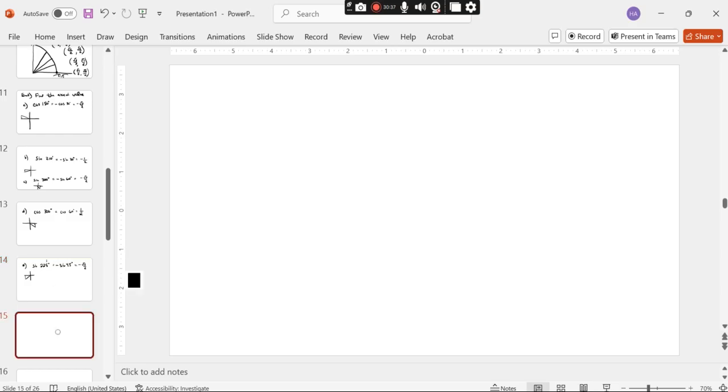Okay, next, get out your calculator. So those are all the angles we know how to do manually, right? So now let's go with angles that we have to use a calculator for.